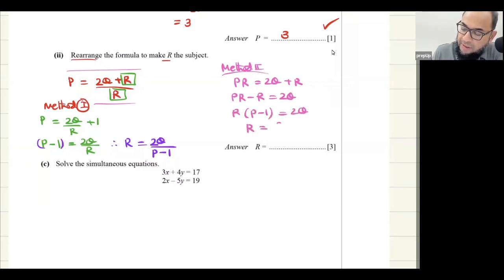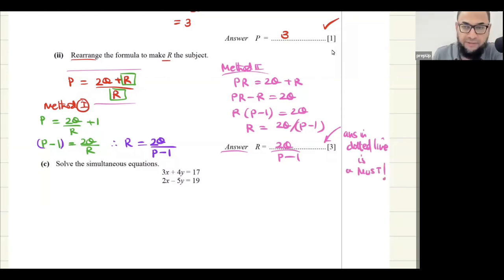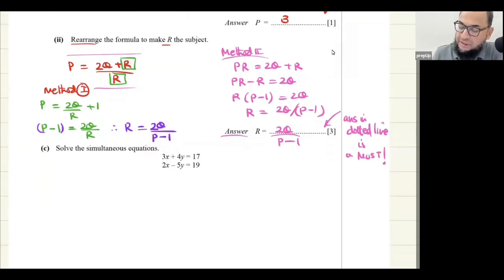Therefore, r is 2q divided by (P minus 1). That is the answer, 2q over (P minus 1). Yes, it's necessary that you write the answer here. Answer on the dotted line is compulsory, it is a must. Okay, so that's the first thing. So I hope these two questions are pretty clear.